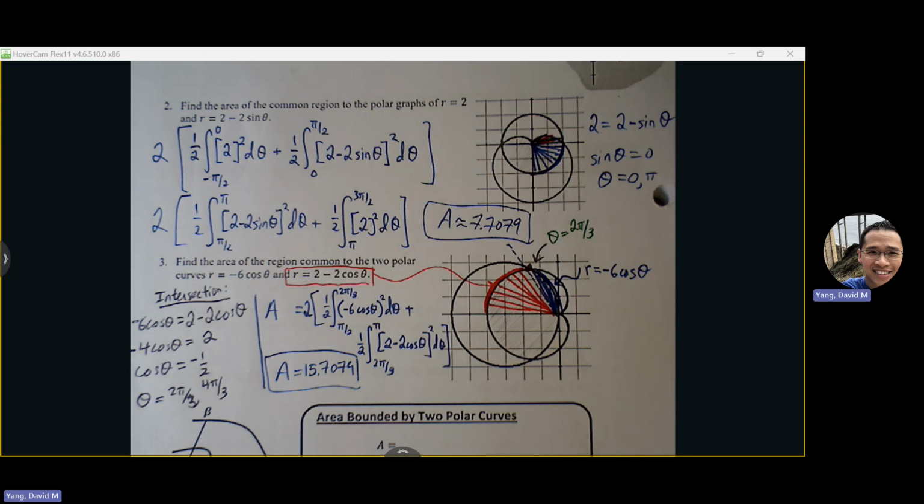The blue one. Okay. What did you say? From where to where?